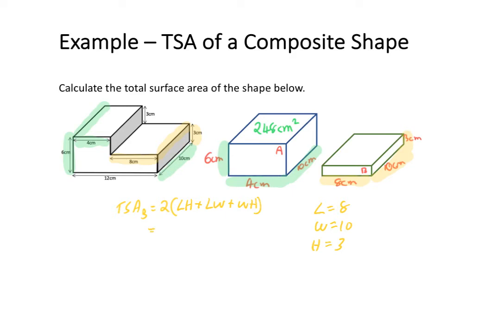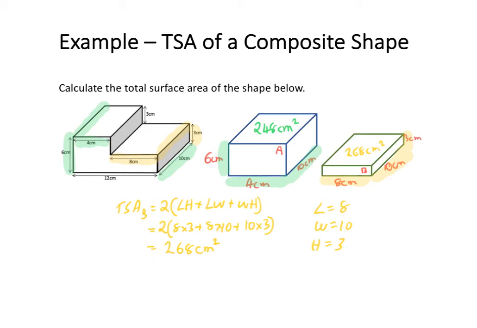So now substituting in those values, it's going to be 2 times 8 times 3 plus 8 times 10 plus 10 times 3, which equals 268 centimeters squared.